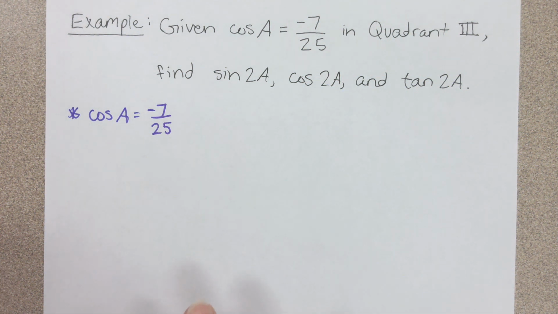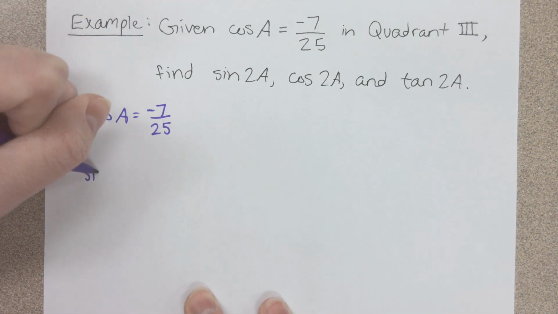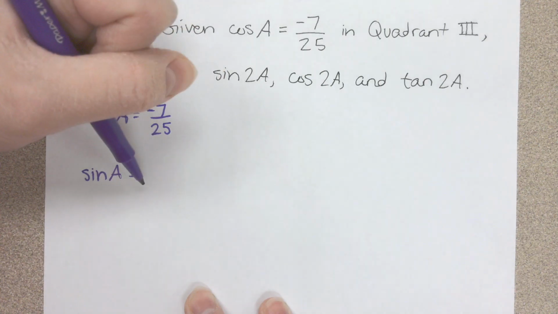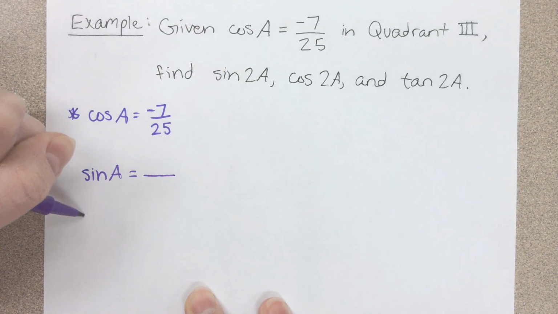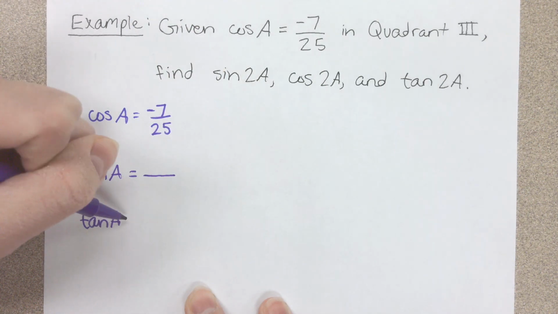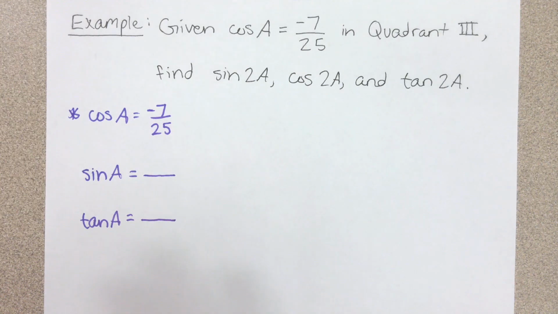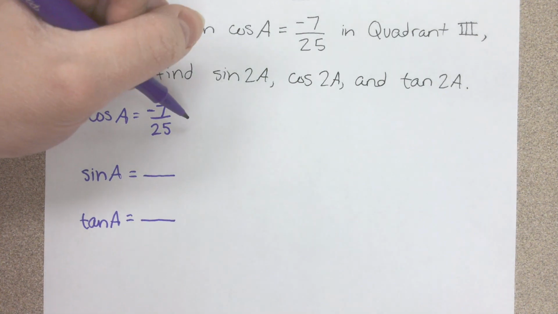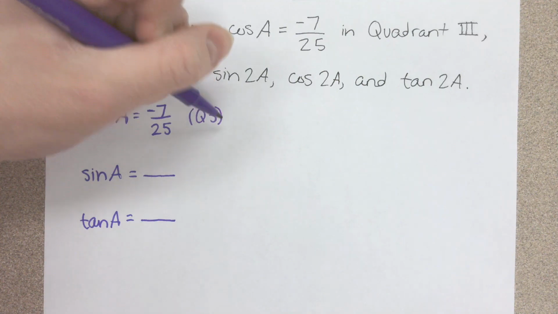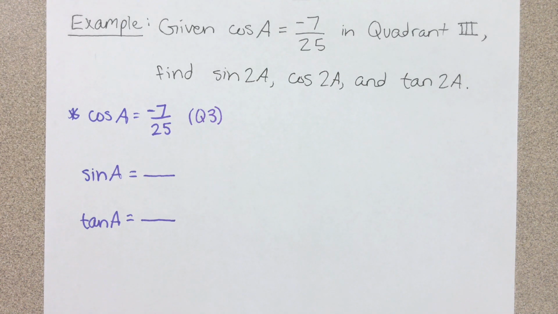So I'm going to go ahead and set those up. We need to figure out what those are before we can proceed. And again, this was given in Q3, quadrant 3. That is very important information.